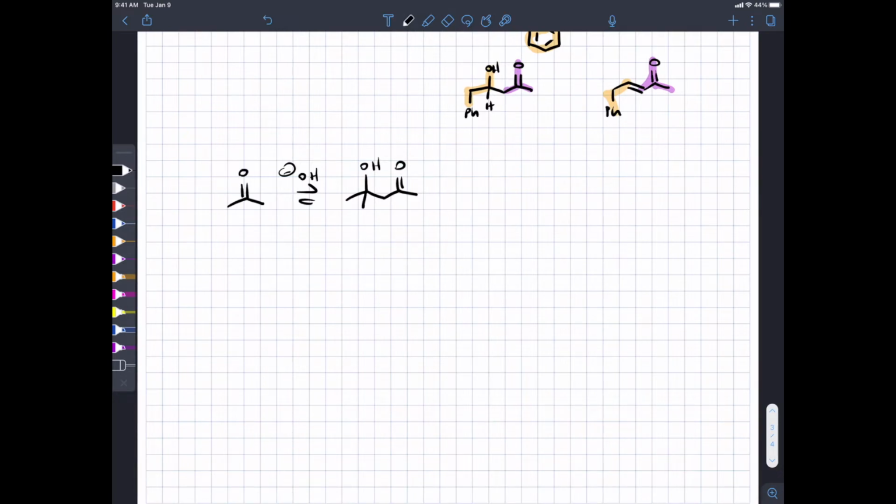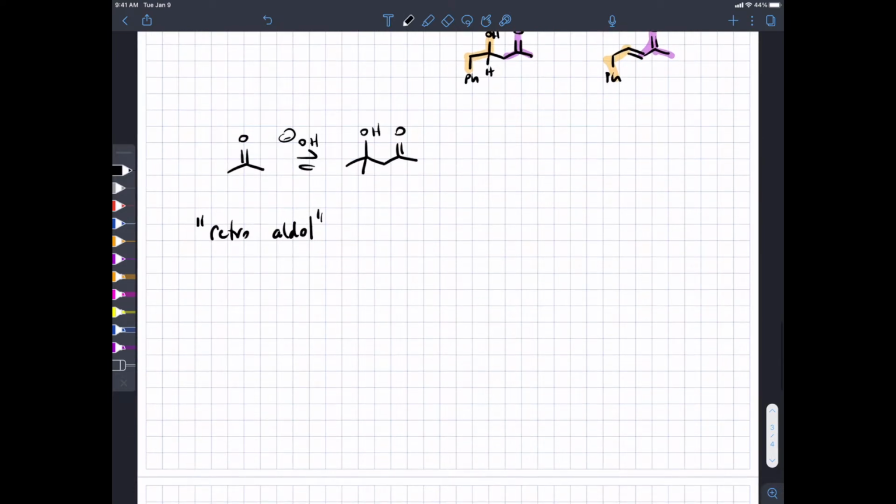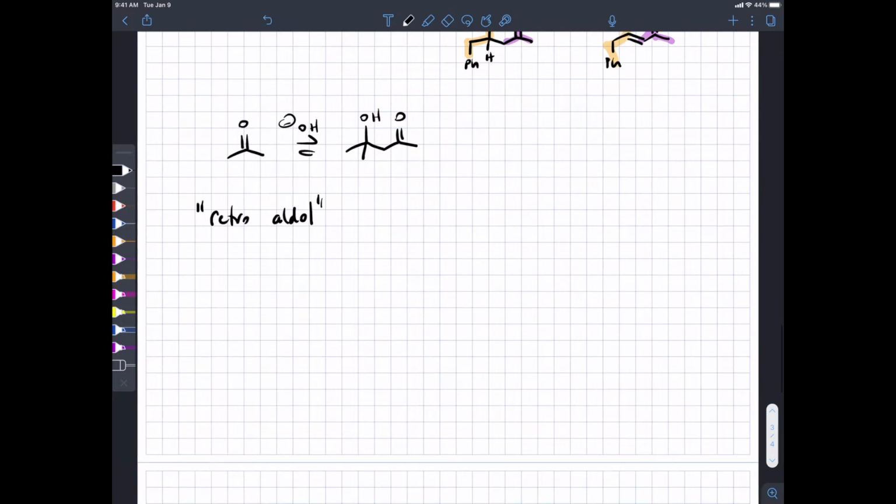So I want to show you the so-called retroaldol reaction, and this is the backwards version of the aldol. It's going to involve the exact same intermediates, but you're going to push the arrows a little bit differently. Okay, so starting with the beta hydroxycarbonyl compound, what would the retroaldol look like?